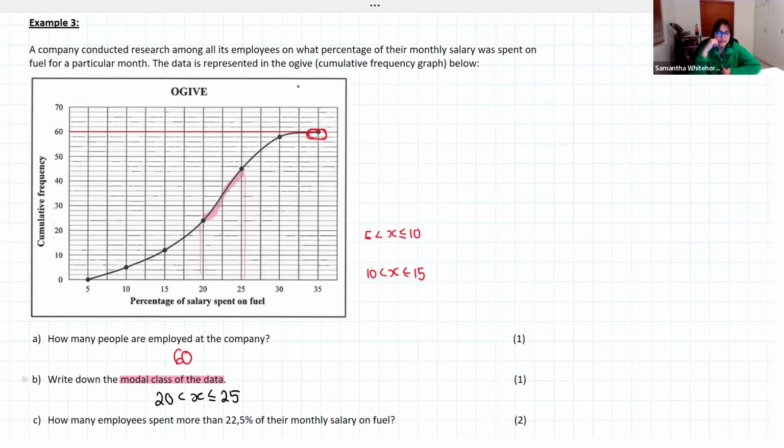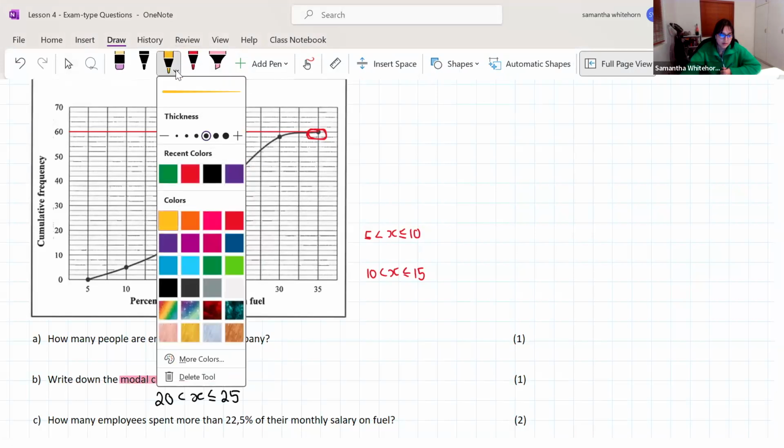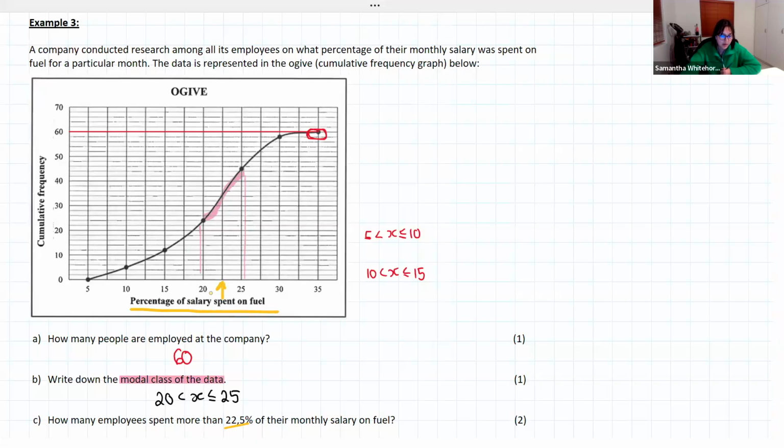Question C says, how many employees spend more than 22.5% of their monthly salary on fuel? So we have been given a percentage for the amount of fuel spent. Let's do this, 22.5. And so we need to go to percentage of salary spent on fuel, our x-axis. 22.5 is that line over there because that's halfway between 20 and 25.